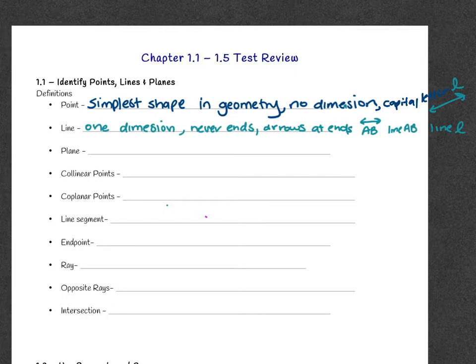Okay, a plane has two dimensions. It's got length and width, right? It has no edges, no thickness. It's named by 3 letters that are points that lie on the plane, right? Or a single letter that's not a point.